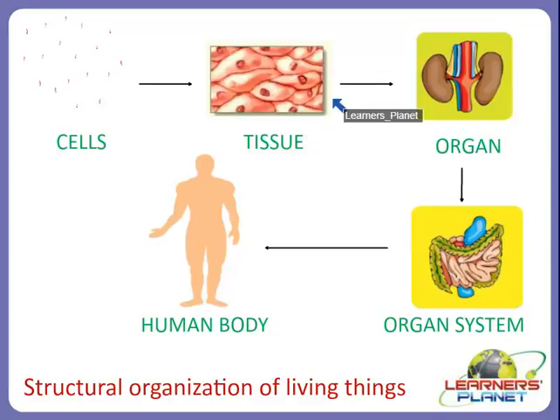Thereafter, a group of tissues performing a particular function in the body form an organ. And then a group of organs interacting with one another to perform a particular life process form an organ system, and finally many organ systems combine to form a human body or an organism.